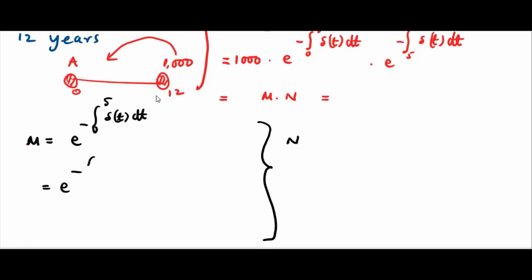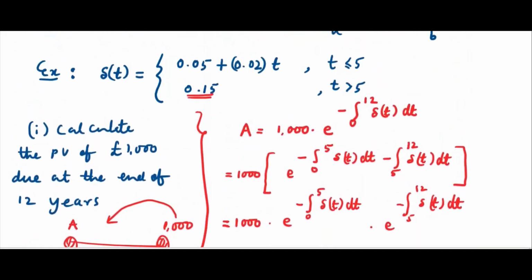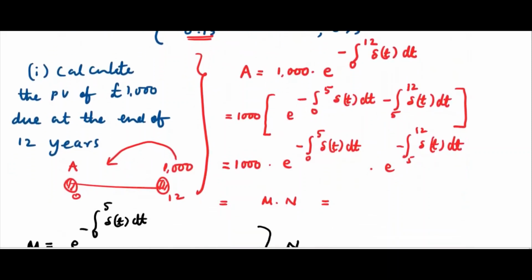E power minus 0 to 5, delta is given 0.02.